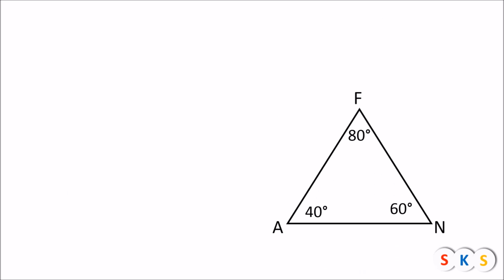Now we will arrange those measures in descending order, greatest to smallest. We know that 80 degrees is greater than 60 degrees, and 60 degrees is greater than 40 degrees.